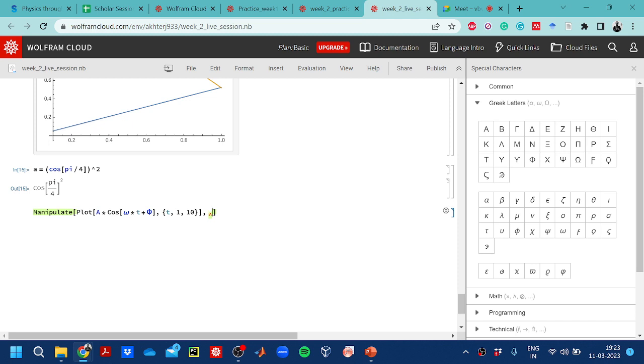And we will manipulate the value of first a. Suppose we are manipulating from 0.5 to 5. Then we will manipulate our omega, the frequency, and suppose the initial value is 1, and we will manipulate from 1 to 10.